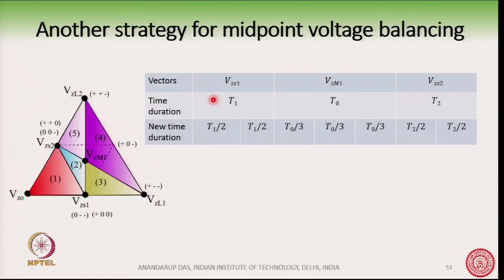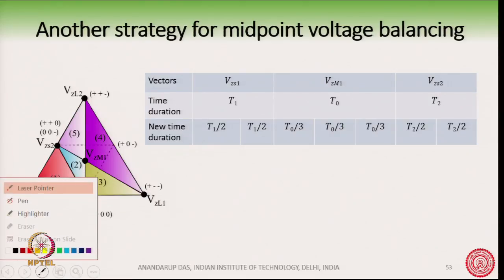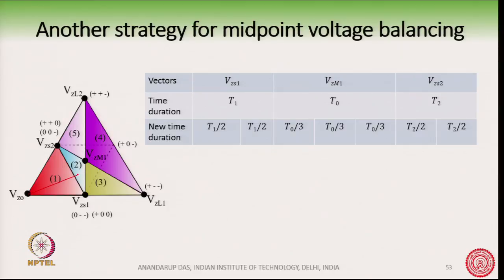So, when the reference vector is here in this place, what happens? See, we define that Vzs1 is switched for T1 duration. Okay. So, this one is switched for T1 duration, Vzm1 is switched for T0 duration, and Vzs2 is switched for T2 duration.